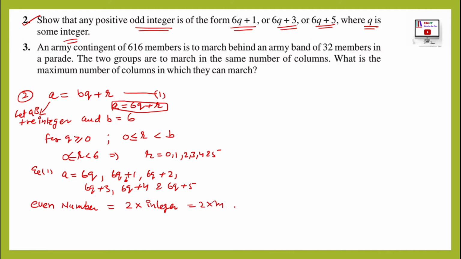Even number is of the form 2m, and odd number is of the form 2 multiplied by some integer plus 1. So odd number means it is even number plus 1. So even number is of the form 2m and odd number is of the form 2m plus 1.